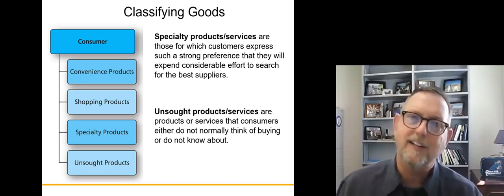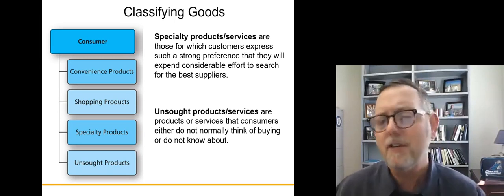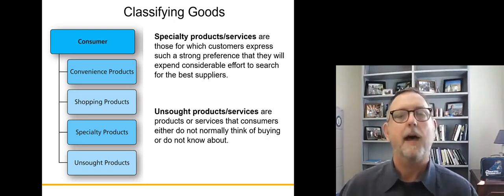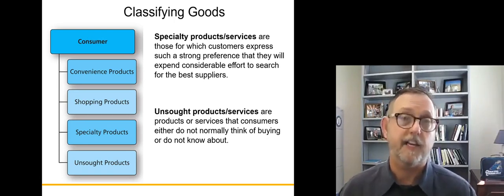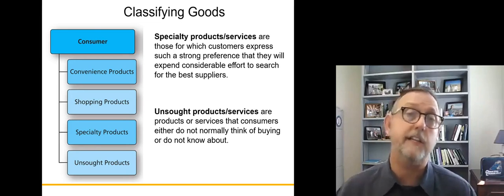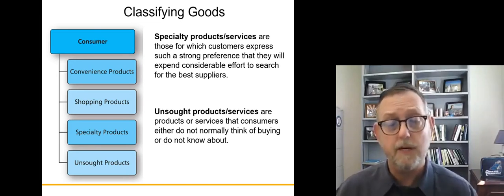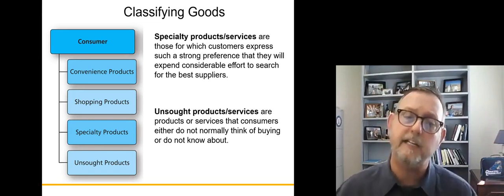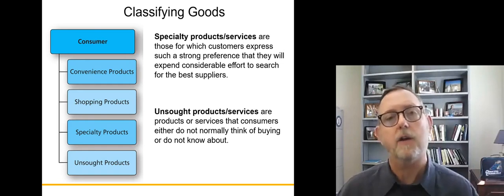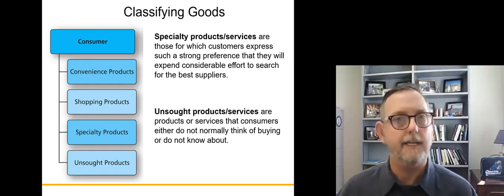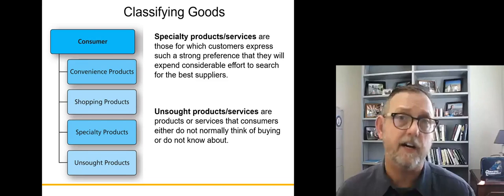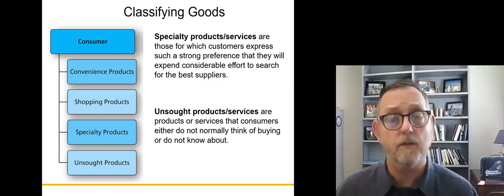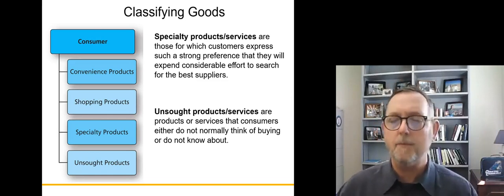The last category is a real oddball category, and it's one we don't see very often. It's a product that exists. However, the need identification is not clear. So remember, in the decision-making process, the consumer goes through 5 different steps, and the first step is need identification. An unsought product is a product where that need is not clearly identified or known, and the customer has to find it or realize it.